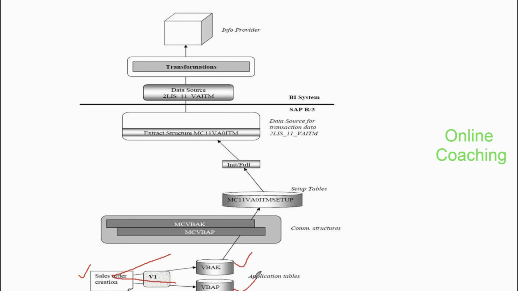It might be two tables, it might be three tables, depending on what data you're creating. Sales order creation goes to VBAK, VBAP. Other tables also get data, but I'm taking only two tables for this scenario. Then it will create a communication structure, a communication between your tables. It starts with MC followed by your table name.